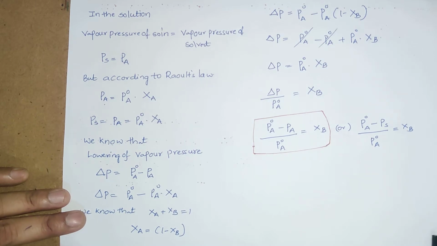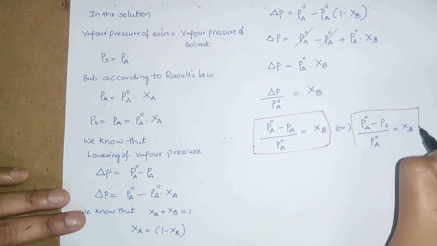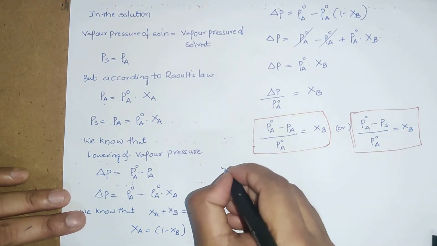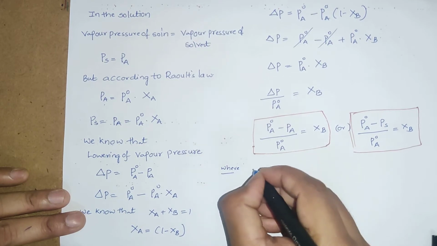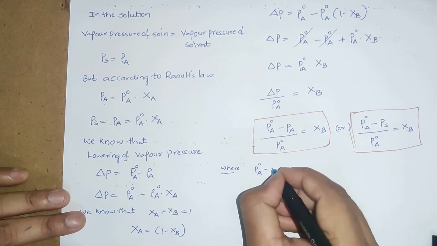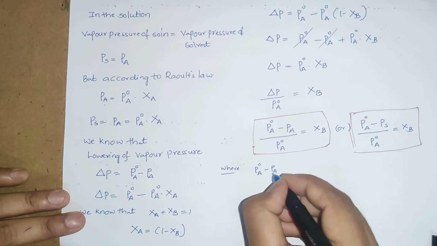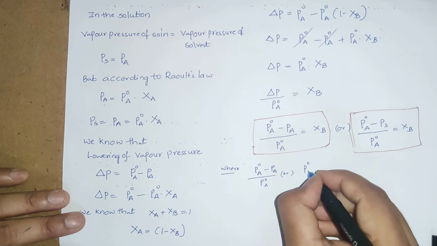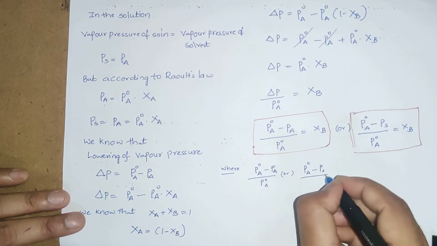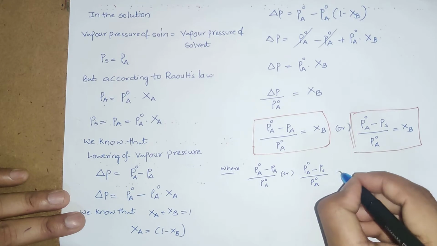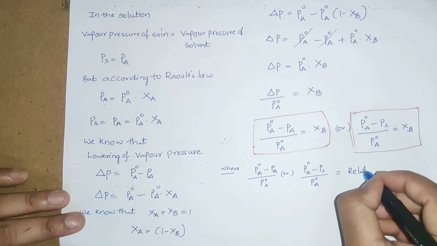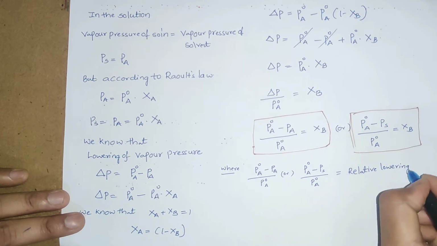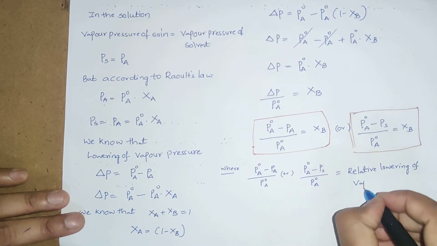Here (P naught A minus PA) by P naught A, or (P naught A minus PS) by P naught A, is called relative lowering of vapor pressure.